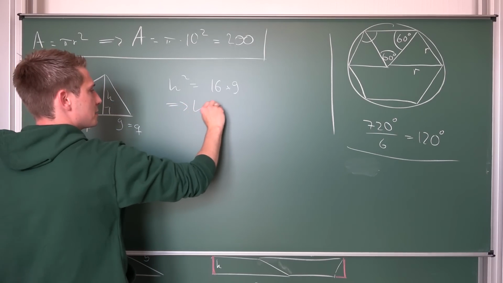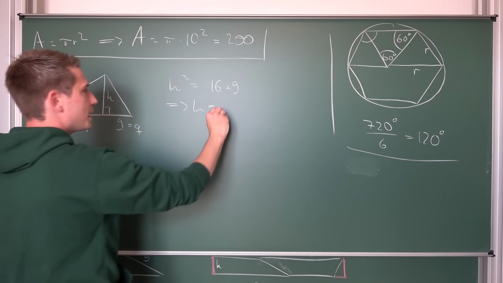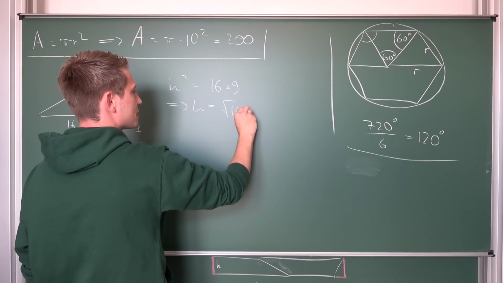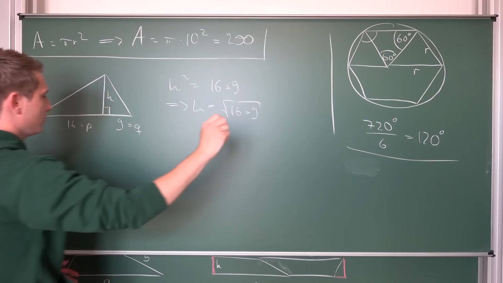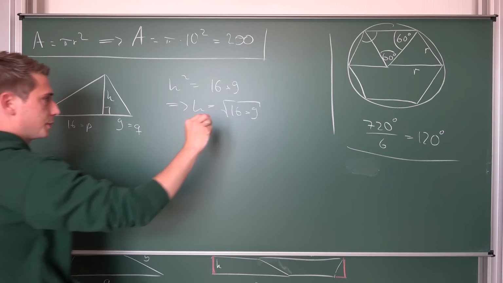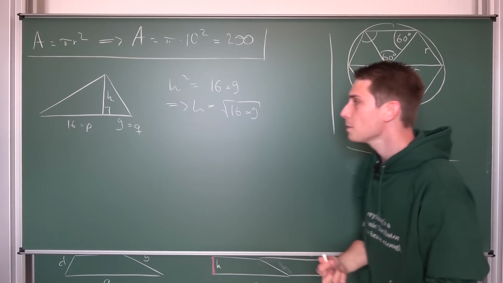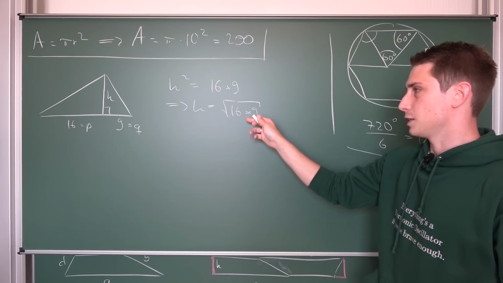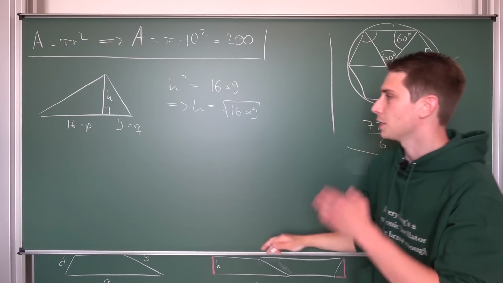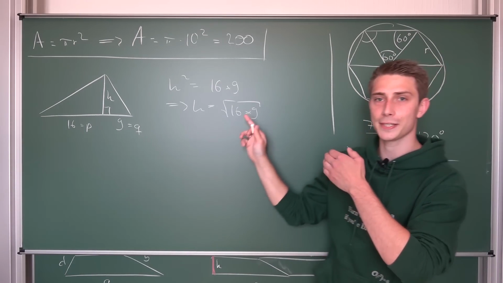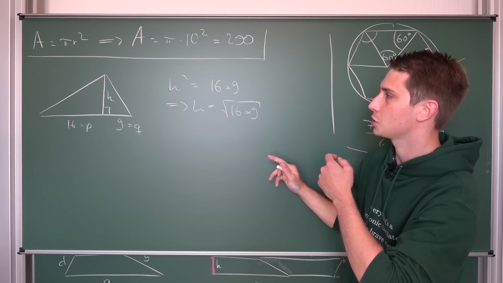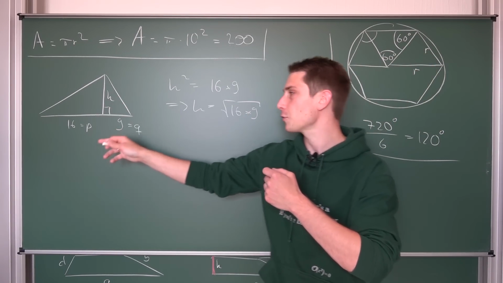Meaning our height, since it's defined positive in the Euclidean space, is going to be the square root of 16 times 9. I think. Should be. Okay, now that we have that, you can easily get the square root of this thing, but I think we can leave it in square roots because we are going to use Pythagoras now.